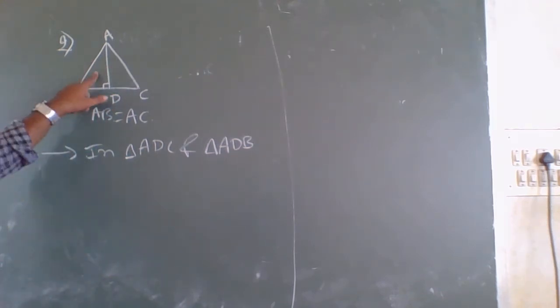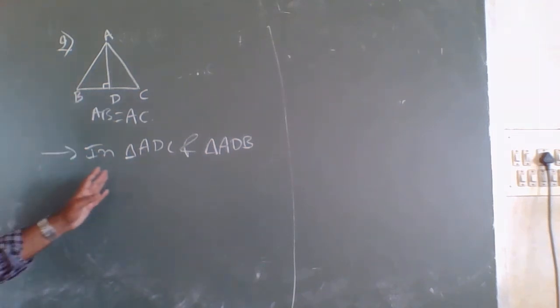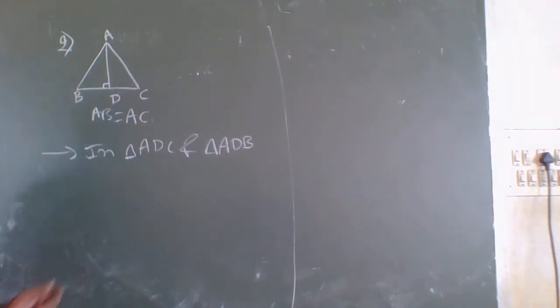If these two triangles are congruent, then by CPCT these two sides are equal to each other. Then we can say that this triangle is an isosceles triangle.